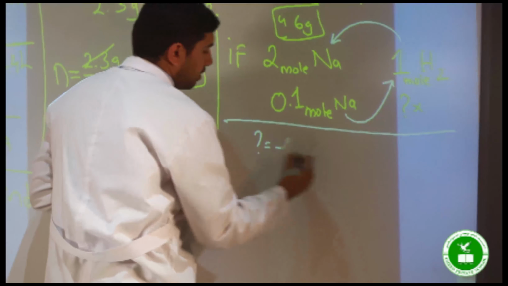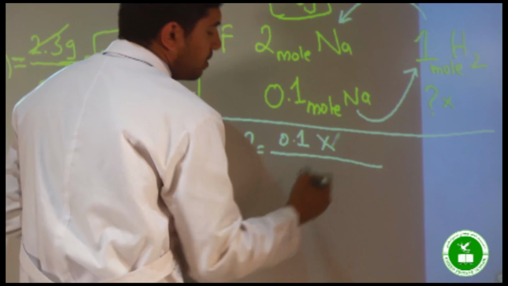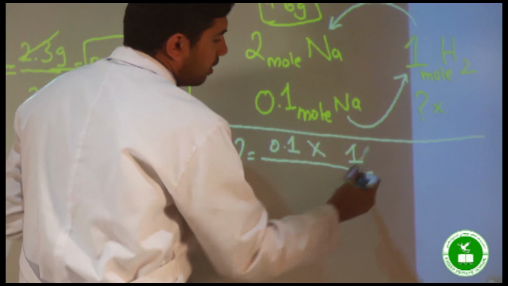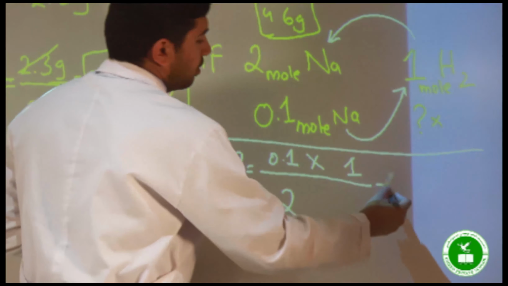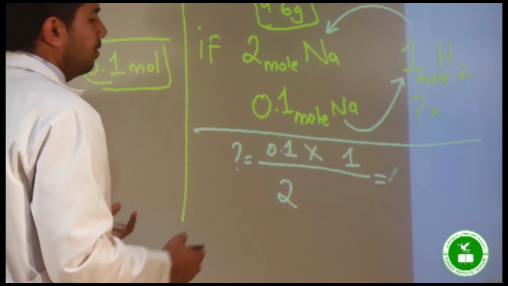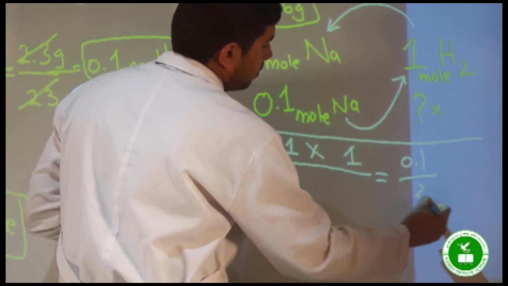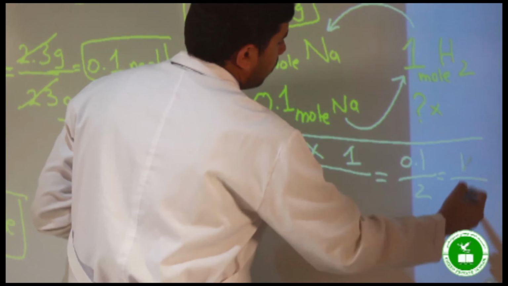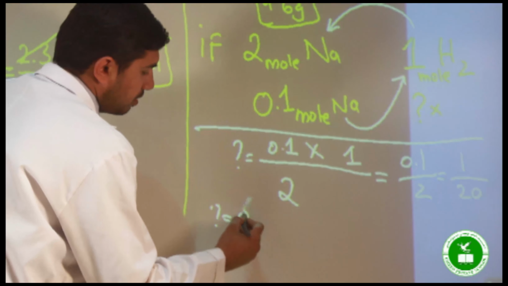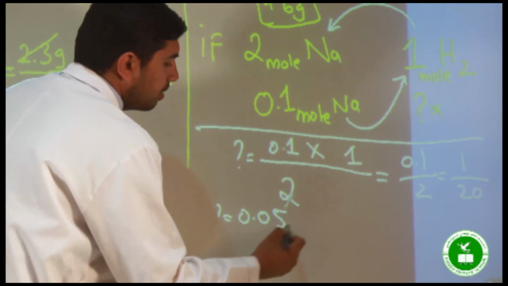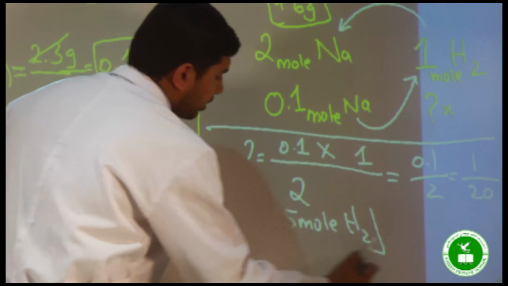Question mark equals to 0.1 multiplied by 1 divided by 2, which always makes 0.1 upon 2, multiplied by 10, 1 upon 20, 0.05. 0.05 mole of H2.